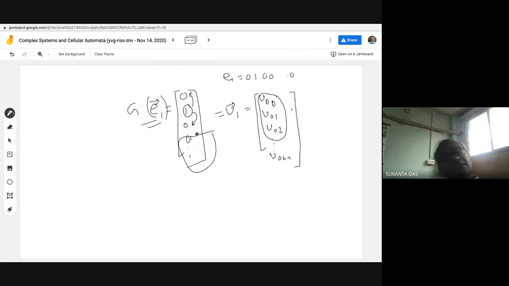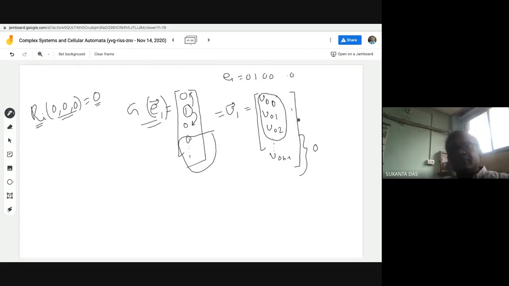Why? Because of the linear CA. If a rule R is linear, 0, 0, 0 is always 0, right? For any linear rule R, you can check it from the additivity rule. If you take 0 as the argument of any linear rule, it will always be 0. Since it is a linear CA, this part will remain all 0. I have written here V0,2, etc.